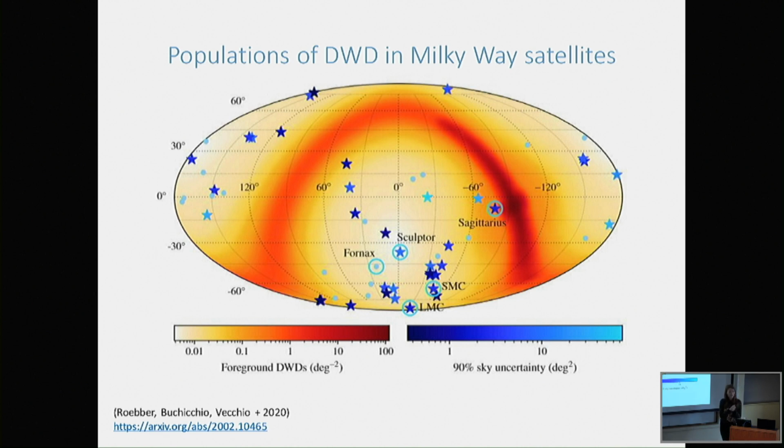Those need to overcome the background, and also the LISA noise curve is steeper at lower frequencies, so we need to observe them for more time so that they can reach the detection threshold. And those will be binaries at larger orbital separations.